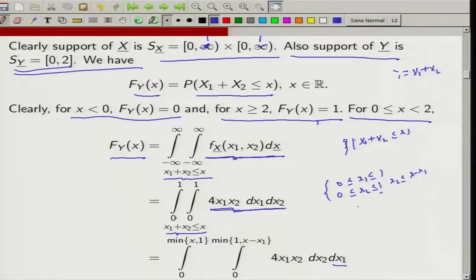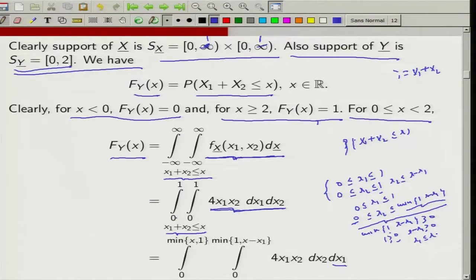These two quantities give me 0 less than or equal to x1 less than or equal to 1, and x2 greater than or equal to 0 and less than or equal to the minimum of 1 and x minus x1. But for this interval to be non-empty, the right hand point should be bigger than or equal to the left hand point. So the minimum of 1 and x minus x1 should be greater than or equal to 0. That means 1 should be greater than or equal to 0, which is always true, and x minus x1 is greater than or equal to 0. That gives me x1 less than or equal to x.